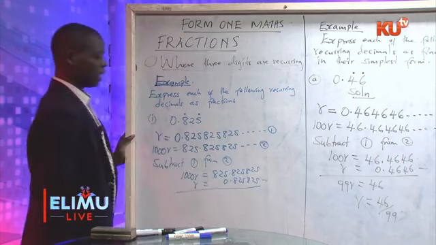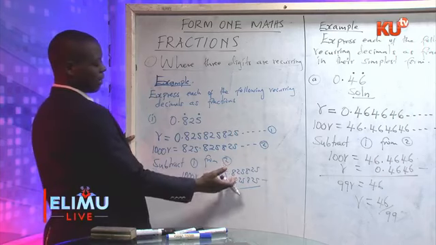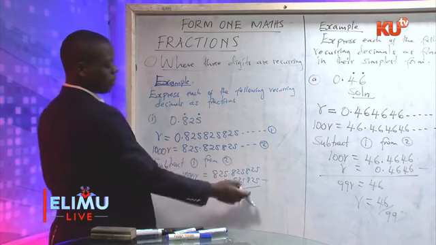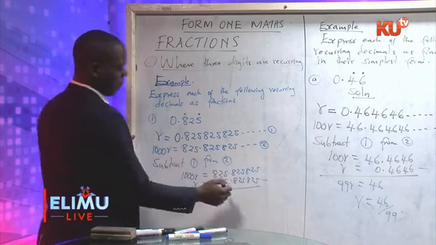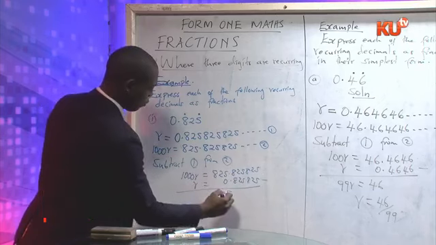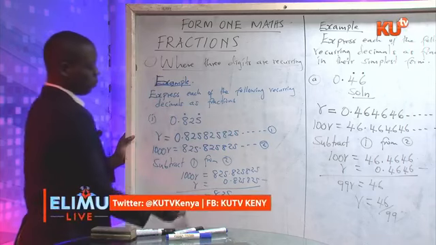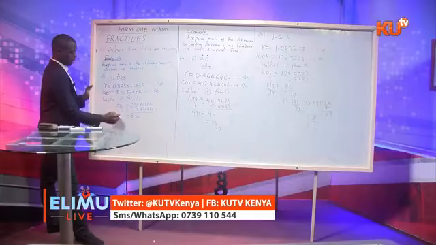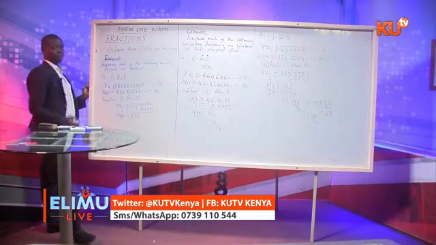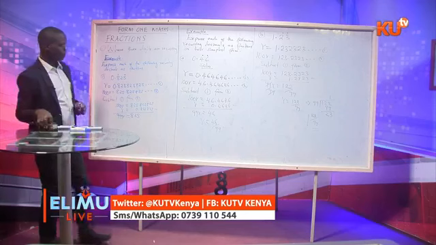Get the difference of this. You realize that after the decimal, it's 0 because this is 0, 0, 0, 0, 0, 0. So we have 825 equal to 1,000R minus 1R, which is 999R.